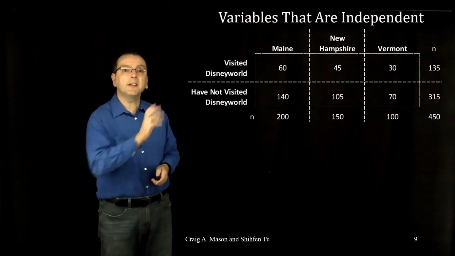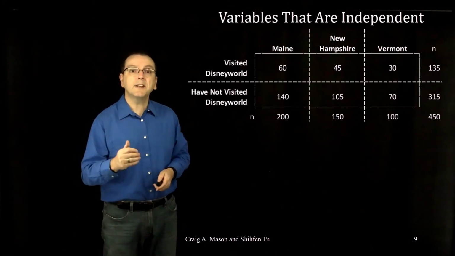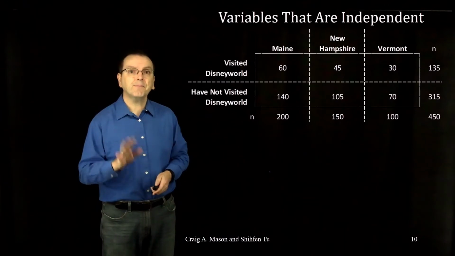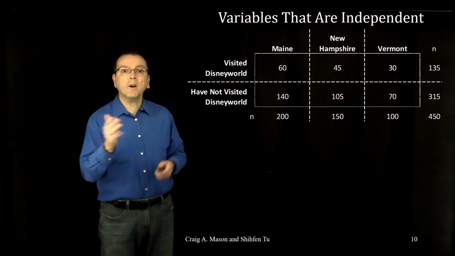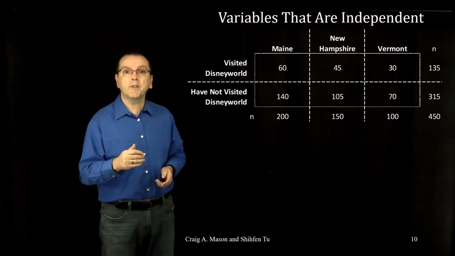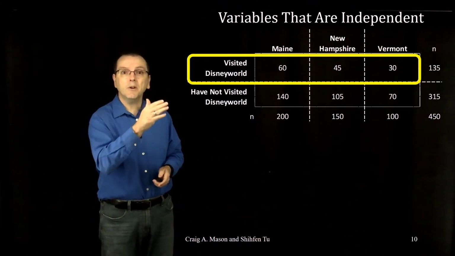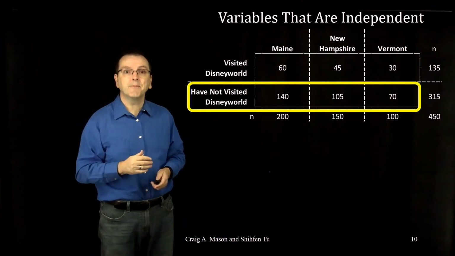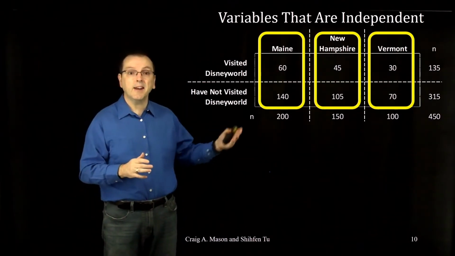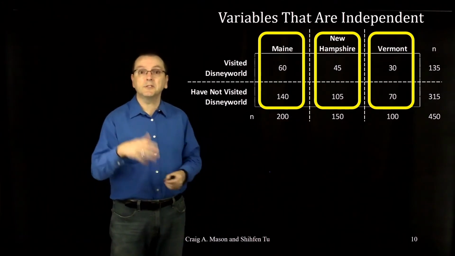So here's an example of data where state and Disney status are independent. Notice we've organized it so that we have two rows indicating whether someone visited Disney or did not visit Disney. And we have three columns indicating the state in which someone lives.